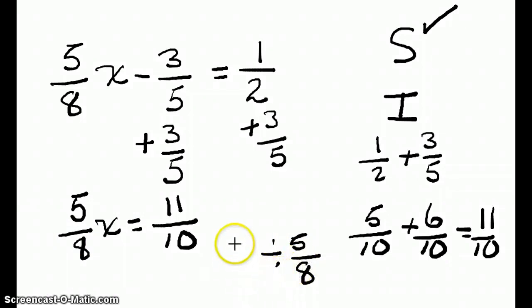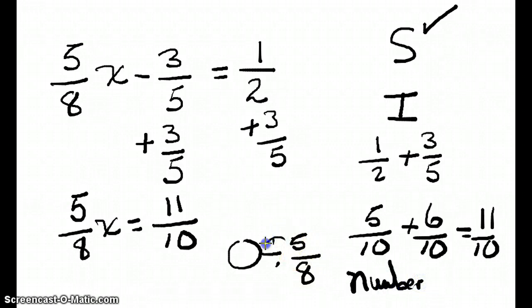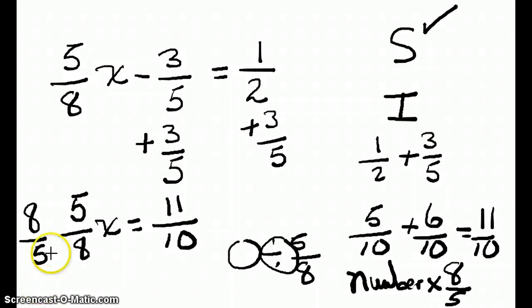Okay, dividing a number by a fraction is the same as taking the number and doing what? Multiplying it by its inverse. So its inverse is 8/5.